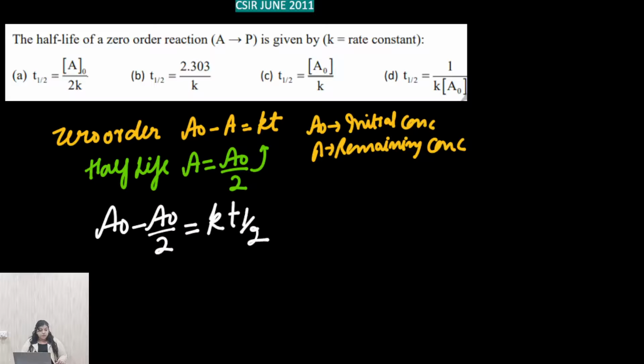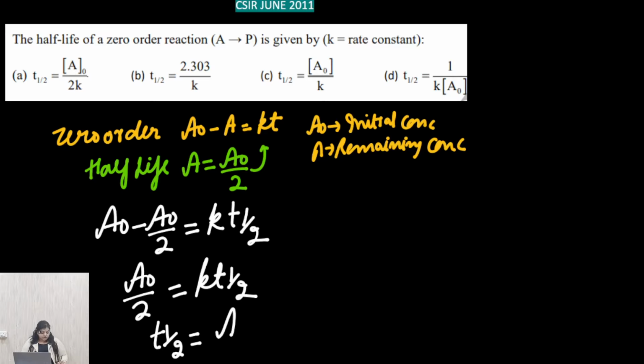Solving this, we get A naught by 2 equals K T half, which means T half for the zero order kinetics is A naught upon 2K. So this is the answer, and the correct match is given in option A.